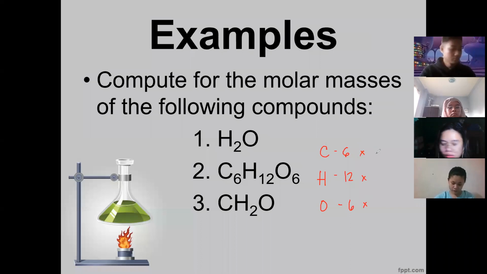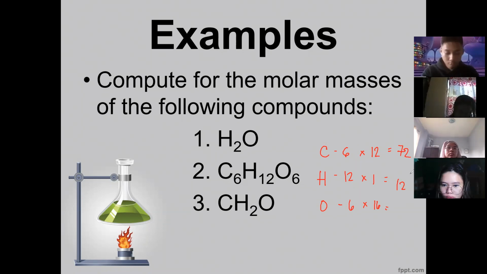And multiply each of them to their respective atomic weights. So look at your periodic table. Carbon is 12, hydrogen again is 1, and oxygen is 16. So this is 72, and then this is 12, and then 16 times 6 is 96.